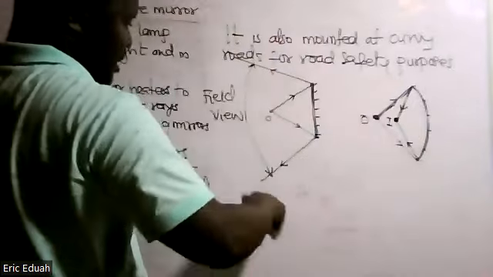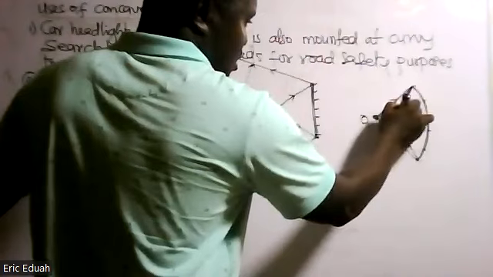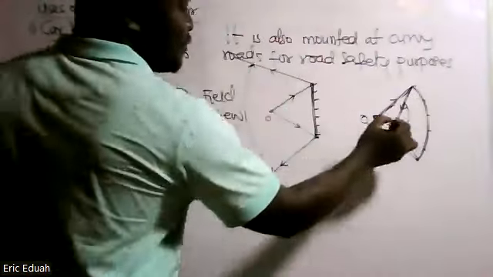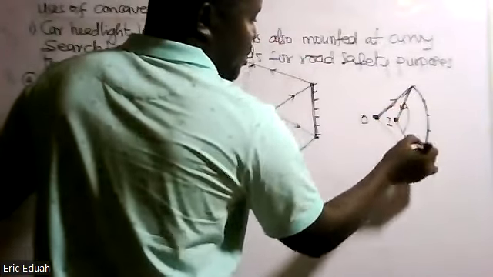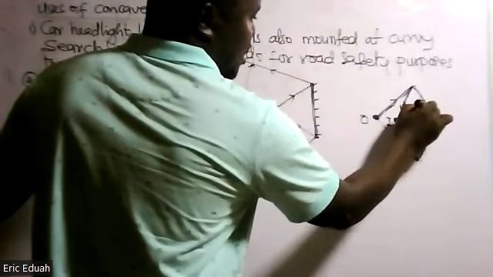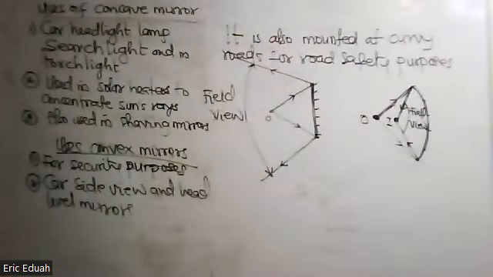Here the image will be anything here, but it will concentrate the rays at a point. And so this becomes the field of view, a very, very small field of view of the mirror, the distance between the reflected rays.